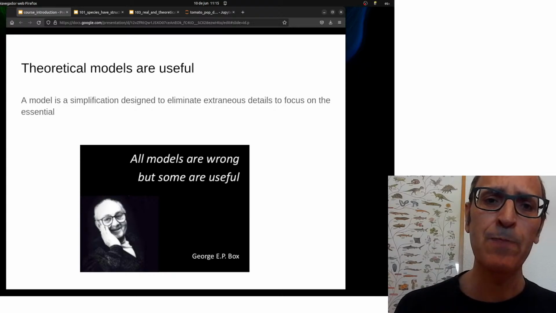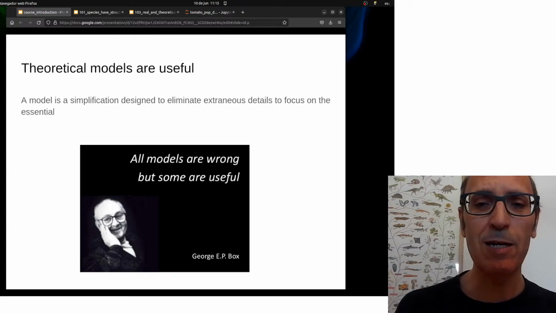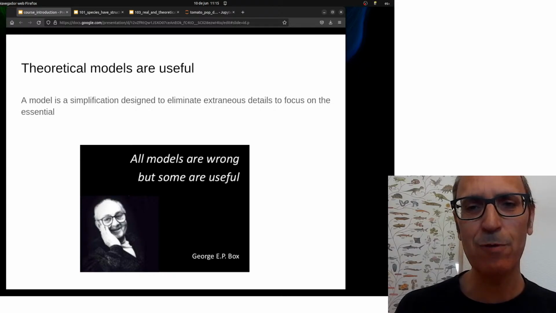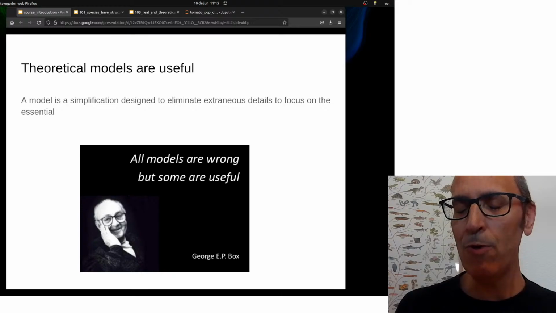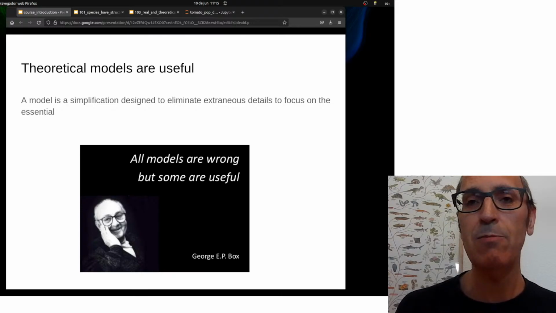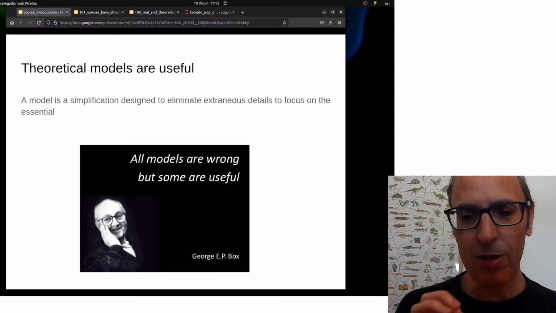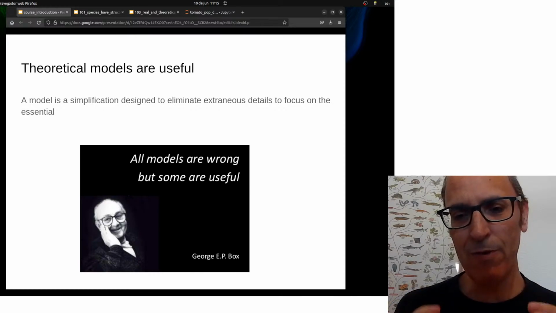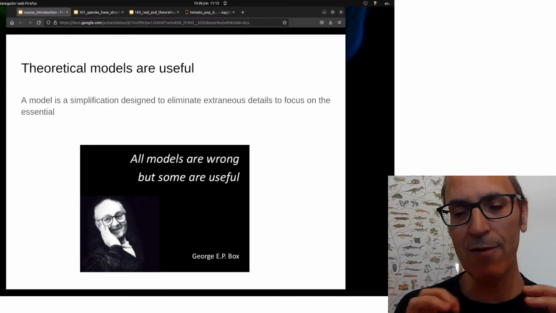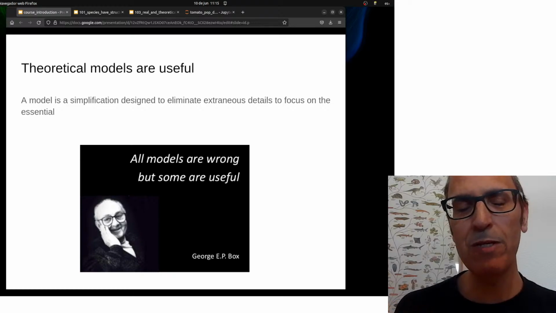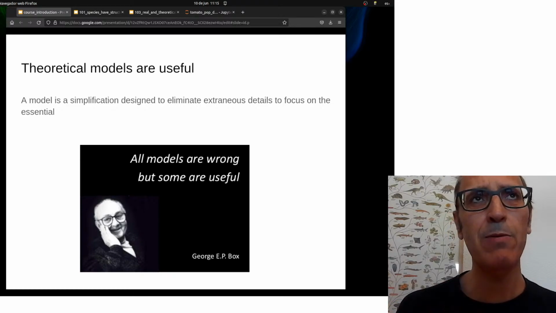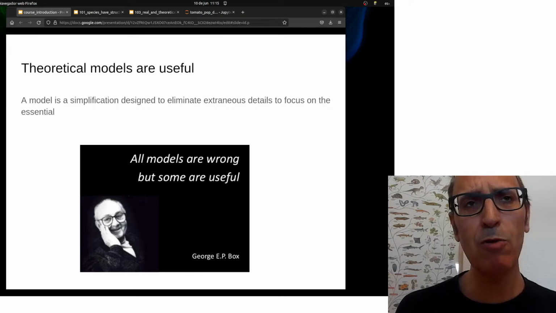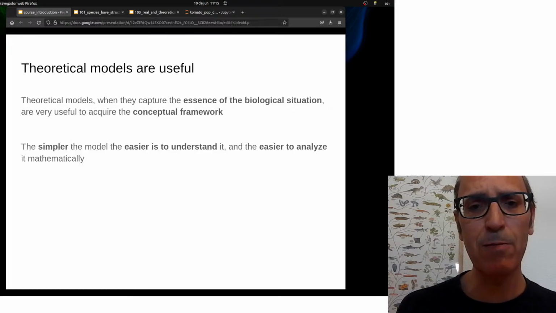Okay, all models are wrong, but some are useful. What's the meaning of that? There will always be some details outside the model that we are not taking into account, but that is not the main problem. The main question is, is this model reflecting reality well enough for us? That's the question, not if it's completely representing reality. That is not going to happen. Reality, at least in population genetics, is very complex.